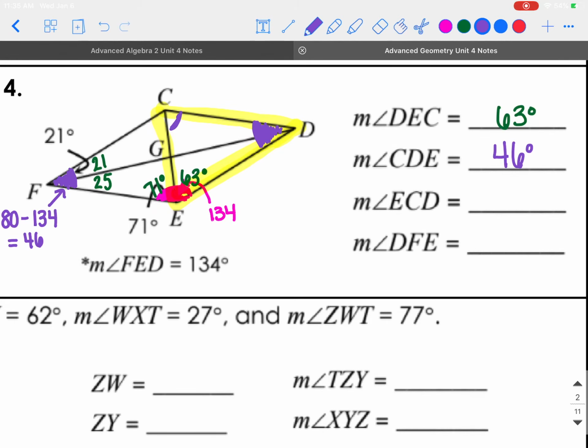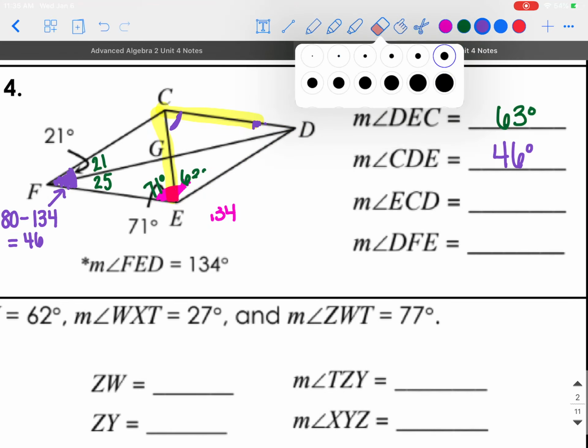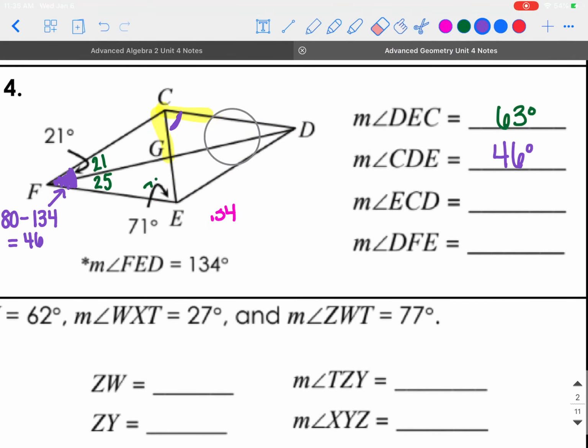All right, so that angle, ECD. So here's something else that we have to keep in mind that we haven't talked about yet. So I'm going to erase some of this stuff. It's getting crowded. This was 63, we said.